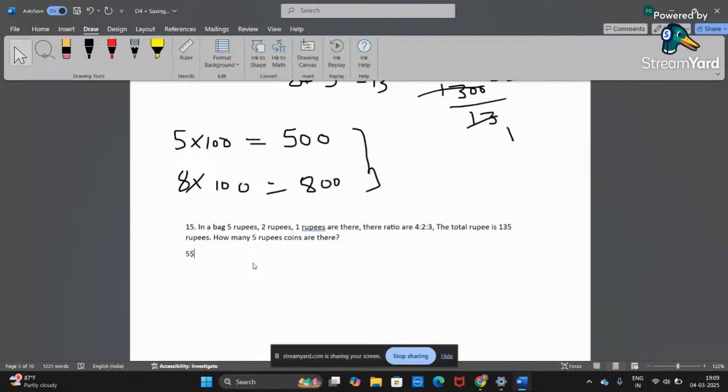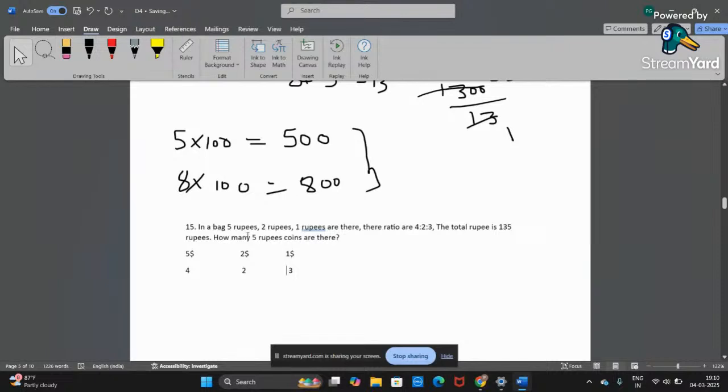Okay, then a 2 rupee coin and again a 1 rupee coin. These are the types of coins in the bag. Then they've given the ratio: for 5 rupees the ratio is 4, for 2 rupees the ratio is 2, and then 3.